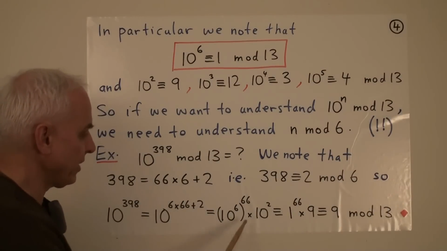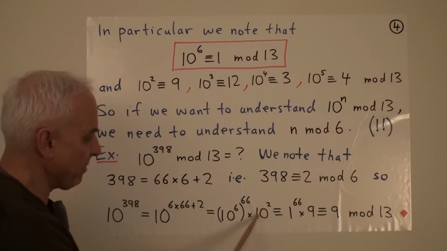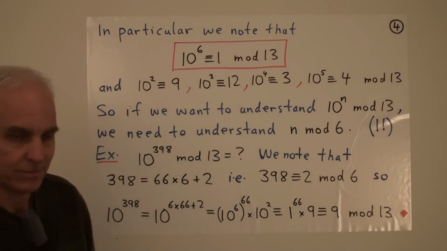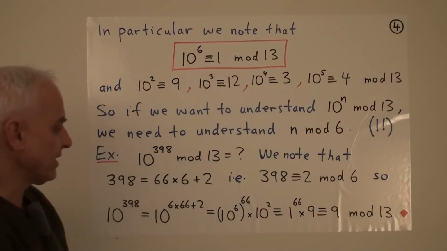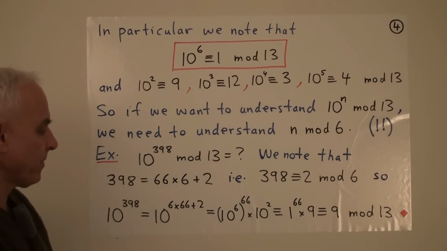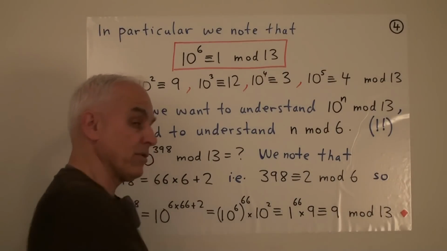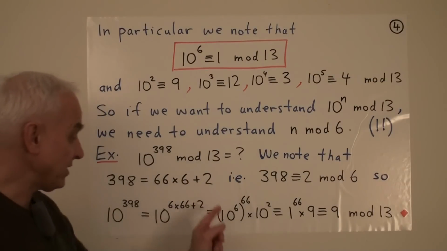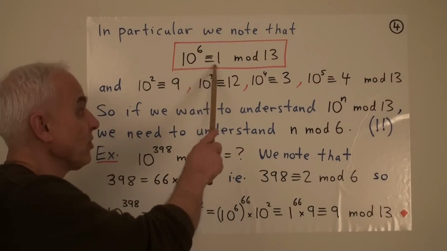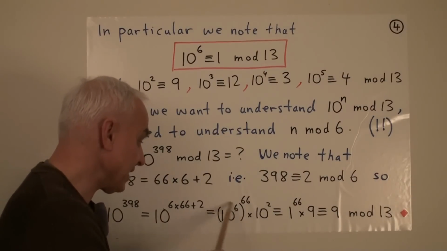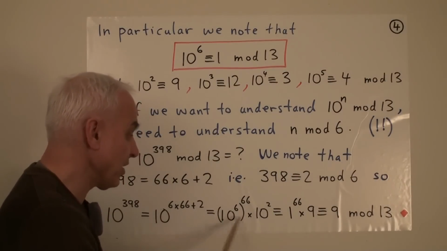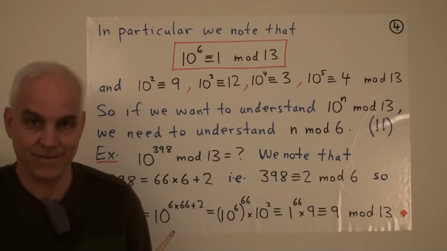And this plus 2 gets represented by multiplying by 10 squared. All right, so just usual laws of exponents for ordinary numbers tells us those two are equal. But now since we're working mod 13, the 10 to the 6 we've seen is congruent to 1. So we're allowed to replace this thing inside the brackets with a single 1.